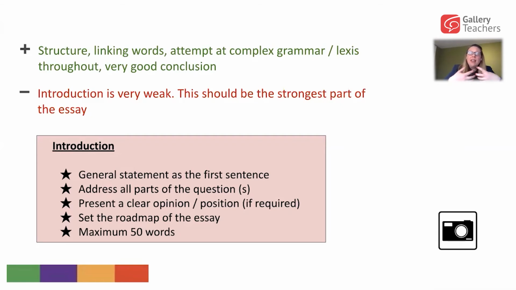Okay, so if the question type asks for an opinion, then it must be given there as well. It also should be a roadmap for the essay. Okay, so it's spelling out what's going to happen throughout the essay, and it should be a maximum of around 50 words. Okay, so ideally around 50 words.